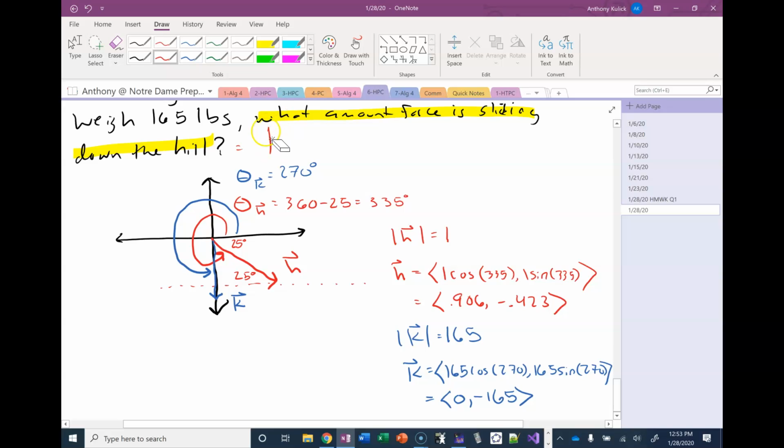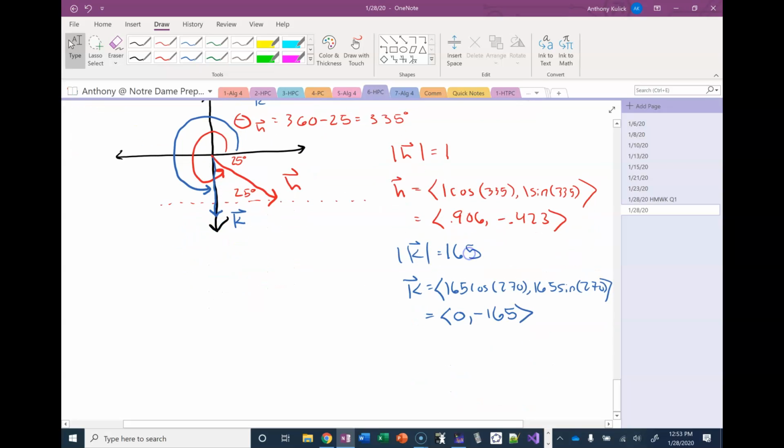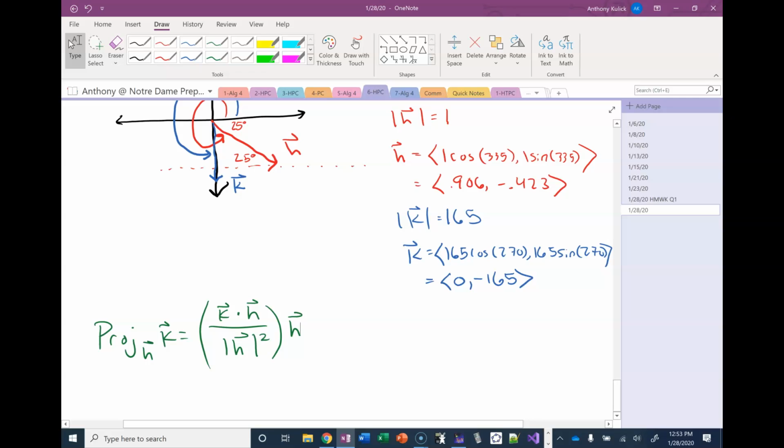So this is the magnitude of, let's use a different color, the projection of vector K onto vector H. So let's calculate that projection vector first, and then we can come back and calculate its magnitude at the end. Everybody okay here?